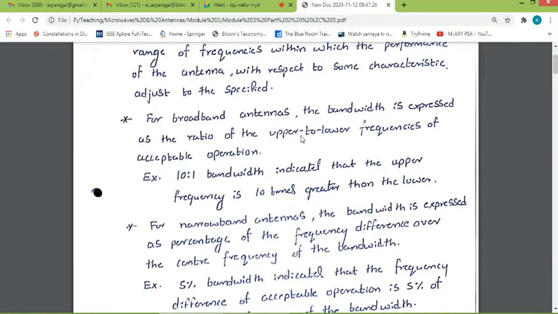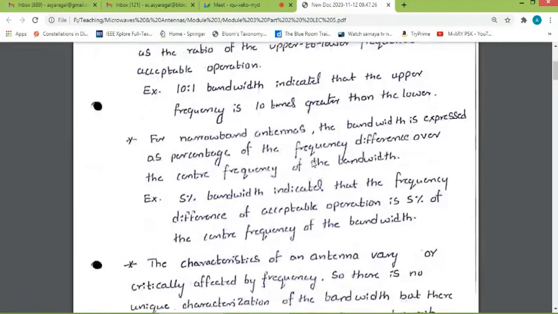Now, if we consider narrowband antennas, the bandwidth can be expressed in terms of percentage of frequency: the difference over the central frequency of the bandwidth. How much percentage change is there with respect to the center frequency of the particular bandwidth? For example, let us consider a 5% bandwidth.